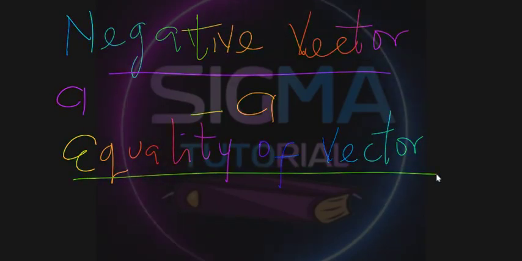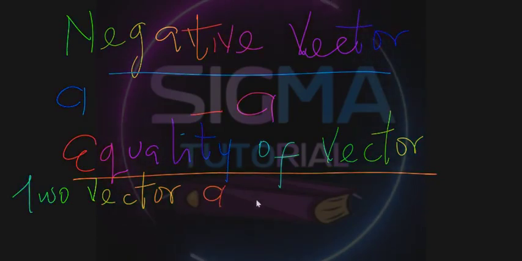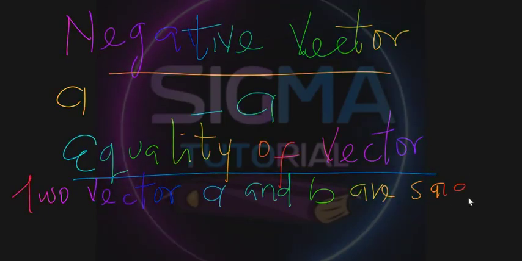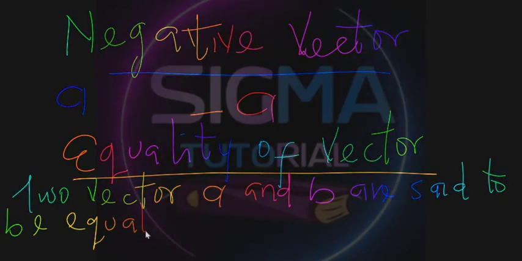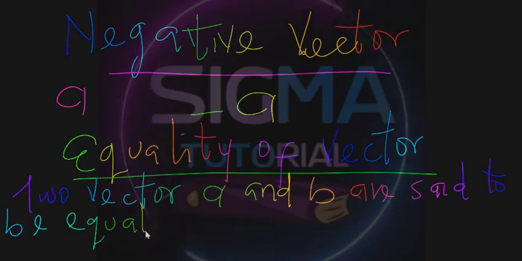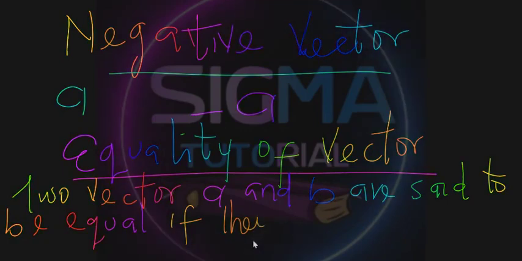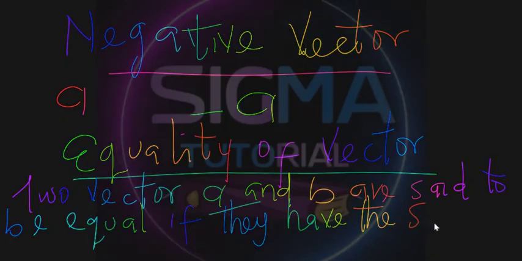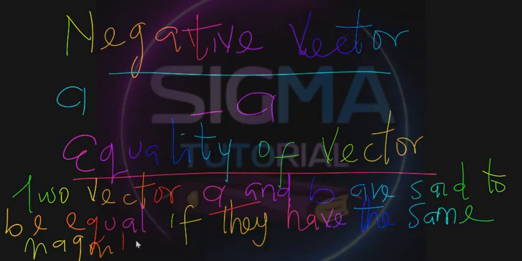Two vectors, A and B, are said to be equal if they have the same magnitude and direction.